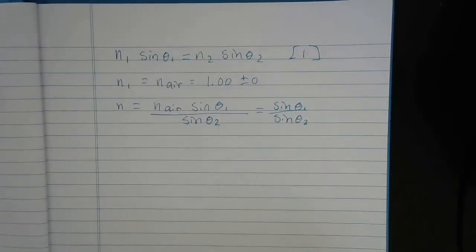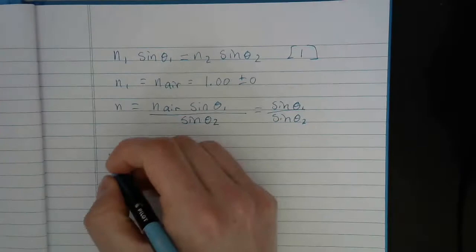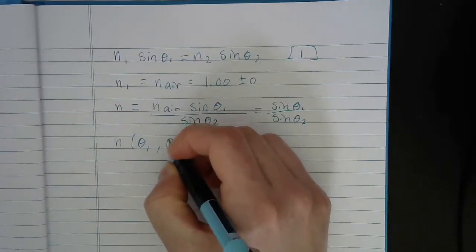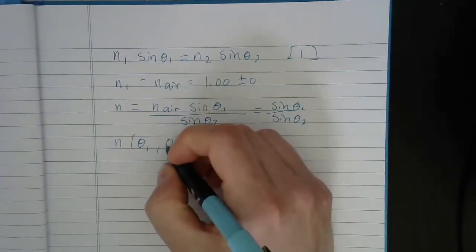Now, you'll also need to propagate the uncertainty. So we have n is a function of theta 1 and of theta 2.